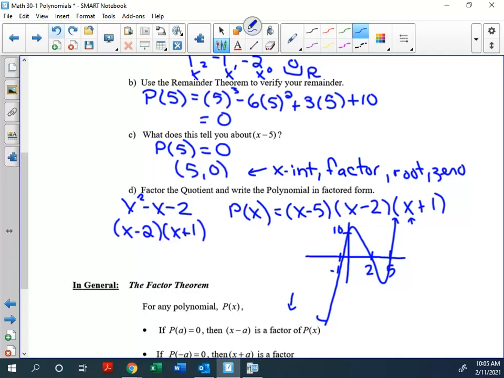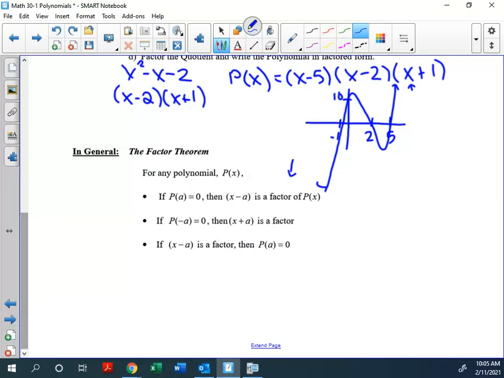All right. So the factor theorem basically states for any polynomial, if the polynomial at a value is equal to 0, then x minus that value is a factor. If that polynomial at negative a is equal to 0, then x plus a is a factor.